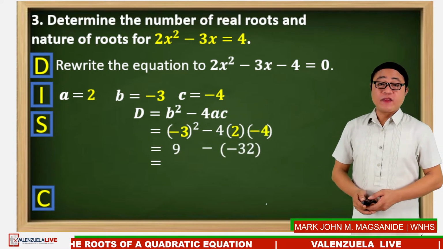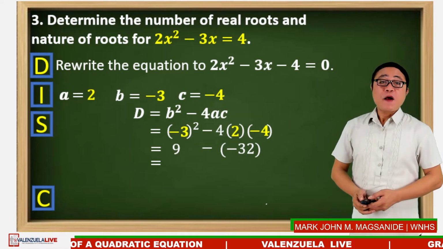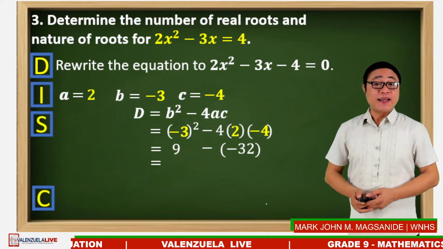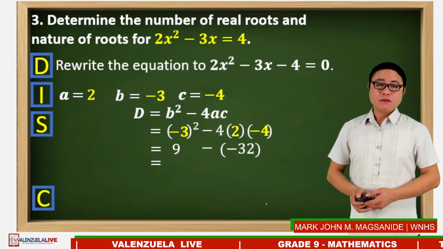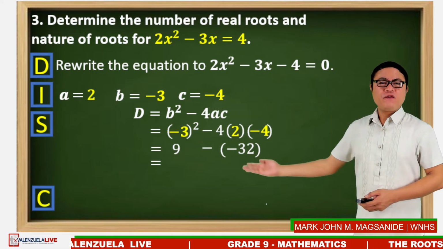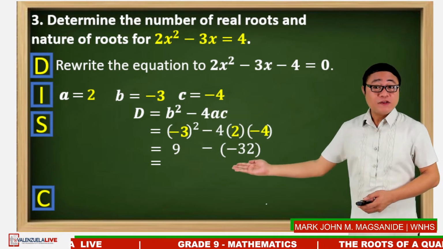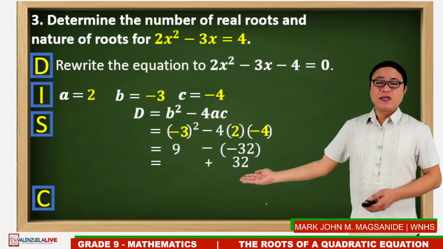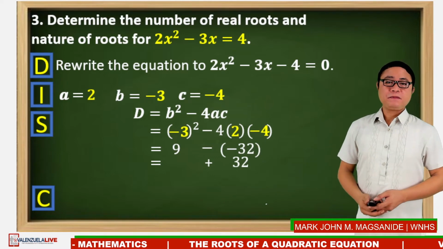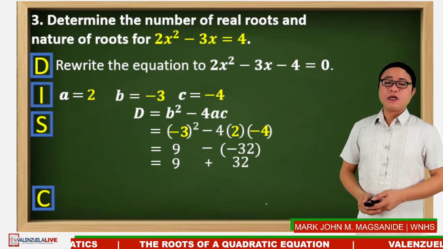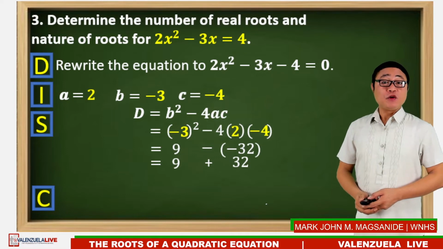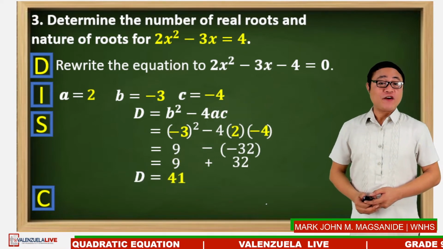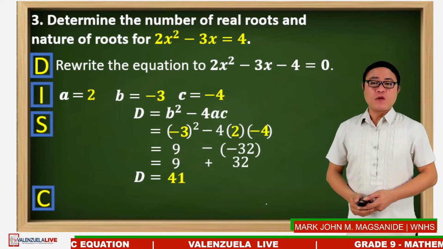So the square of negative 3 is 9, minus 4 times 2 times negative 4, which is negative 32. The negative of negative 32 gives a positive 32. Then 9 plus 32 is equal to 41. Therefore, the value of D is equal to 41.